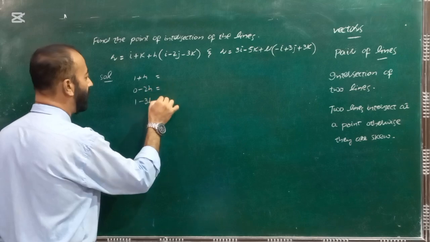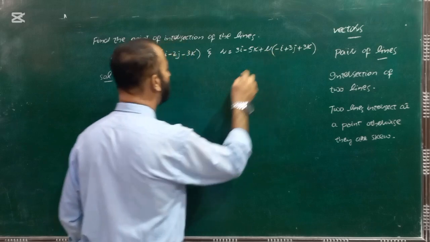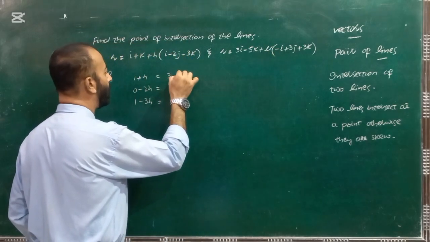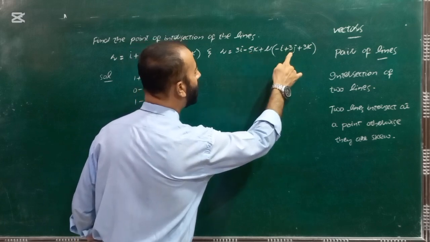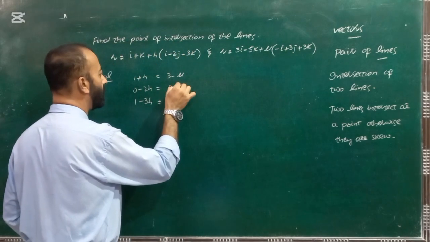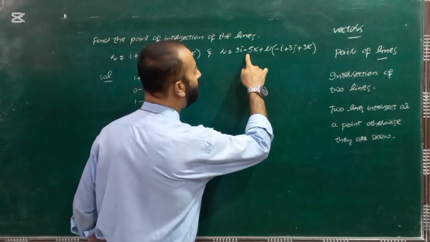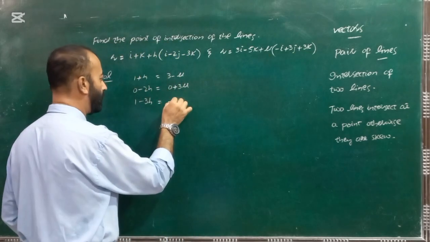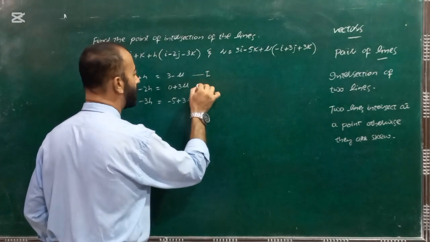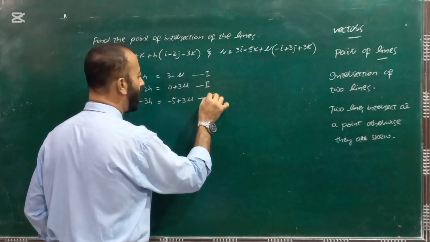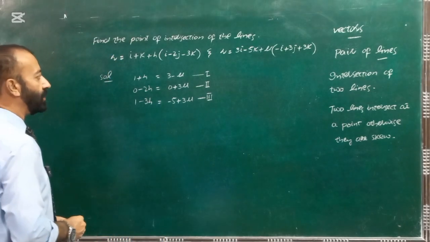Okay, the respective components in the second line will be 3 minus mu, then j is 0, so 0 plus 3 mu, and then k: minus 5 plus 3 mu. So actually these are 3 equations. Now we will use any 2 of the equations to find the values of mu and lambda.